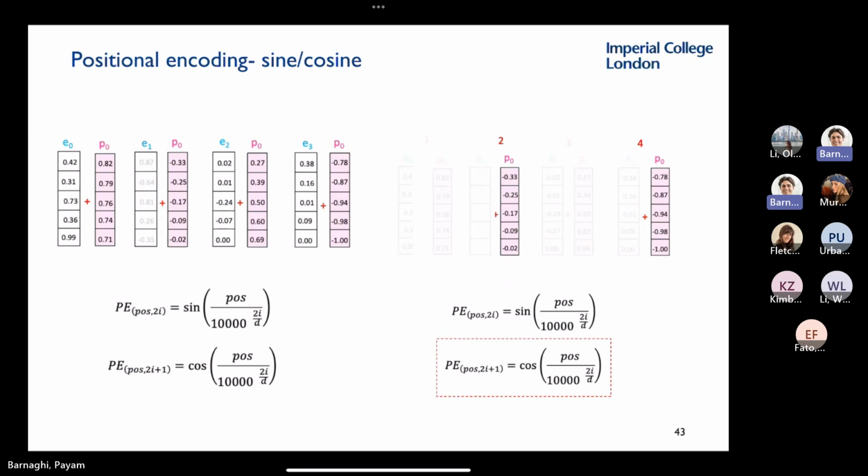Let me see. These ones, I think, will use the sine, if I'm not mistaken. And the even ones and odd ones will use the cosine, or the other way around. I'm guessing a lot of this was found through trial and error. Amazing.